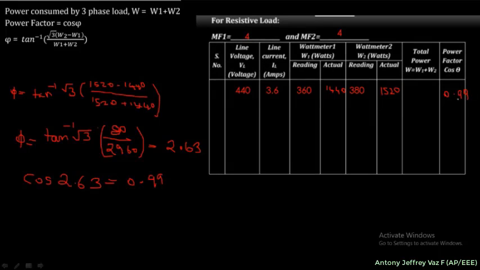After this, to find the total power, you need W1 plus W2, which we have already added, nothing but 2960. So this is the calculation step for finding the power factor of a resistive load.